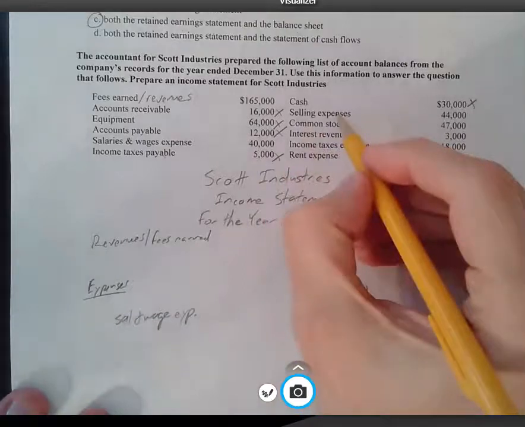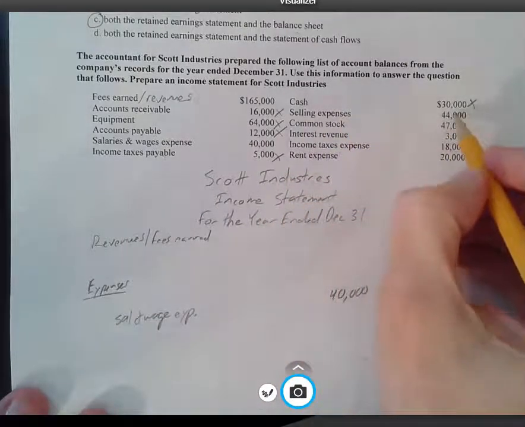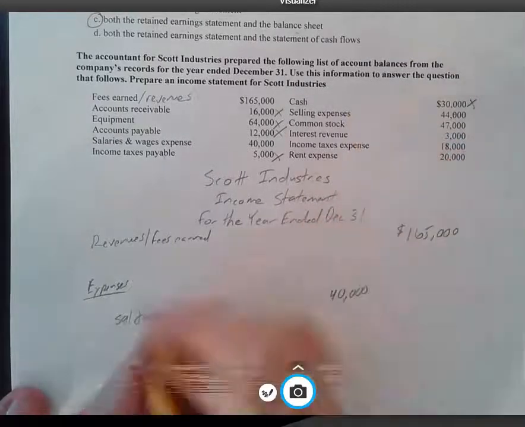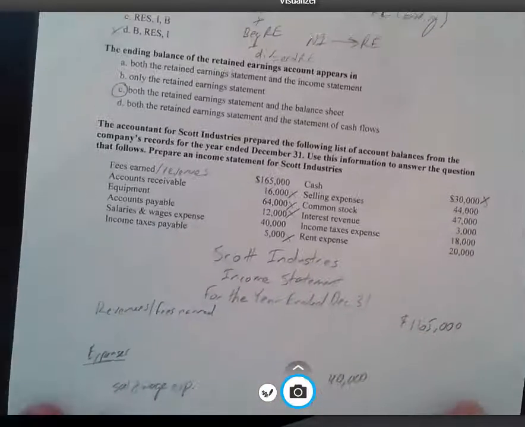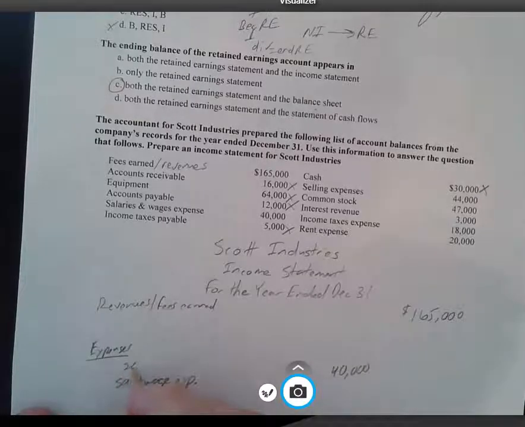Selling expenses, $44,000 expense, income statement. And what I'm going to do here, bear with me one second while I look at how I've got this lined up. I'm actually having to reach quite a ways to do this.